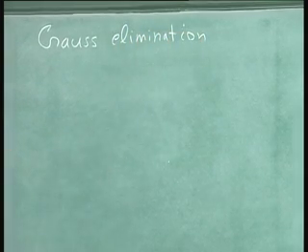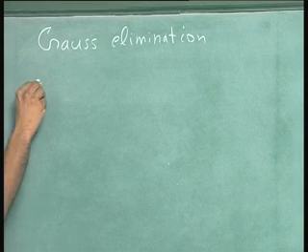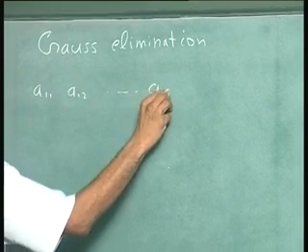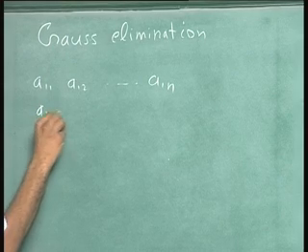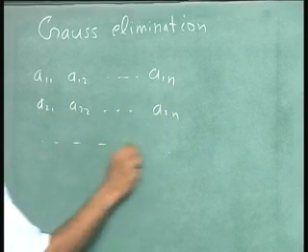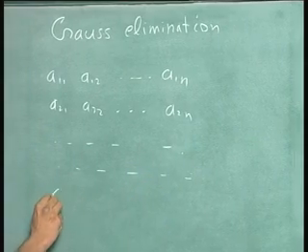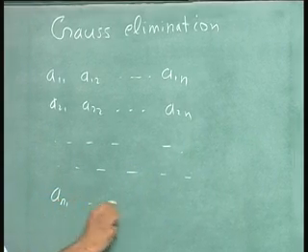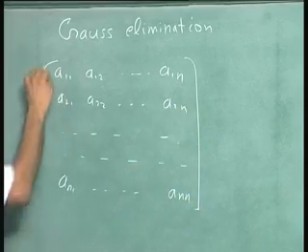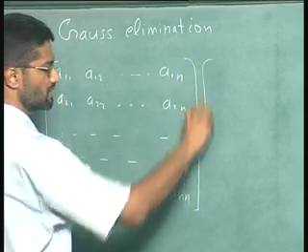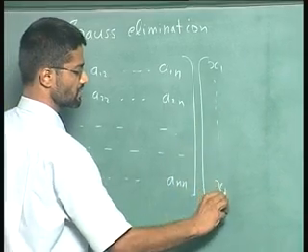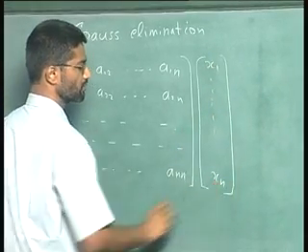We had written the matrix as a11, a12, a1n and a21, a22, and so on. We write a matrix of this form, and our set of linear equations can be written in this form.